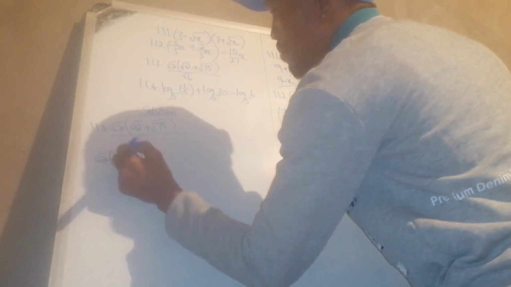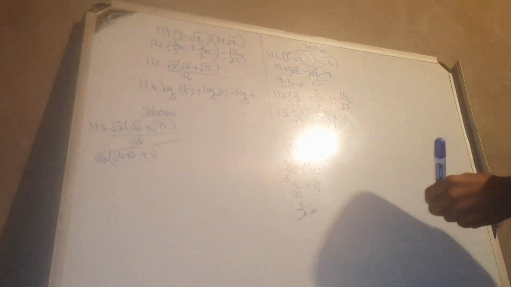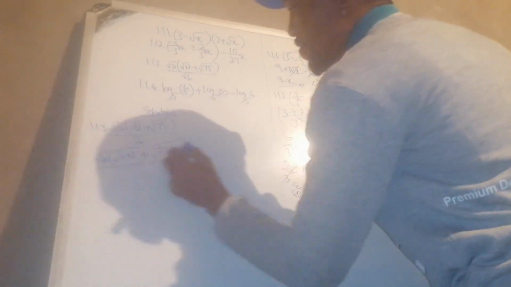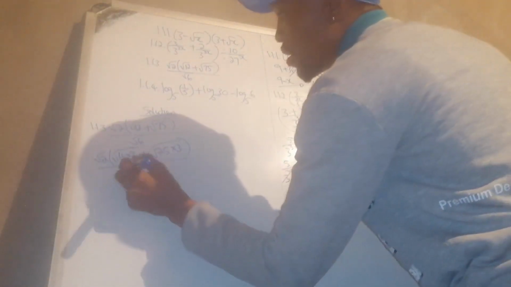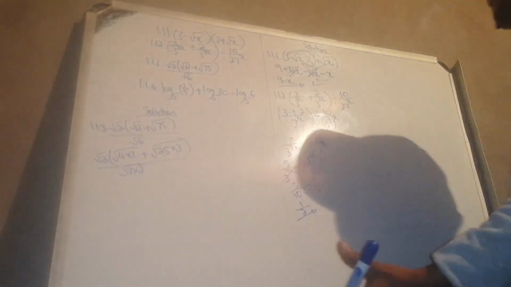That will be 4 times 3, because 4 times 3 is 12. Plus, with this one, I think it will be 25 times 3. Divide, this will be root 3 times 2. Knowing that, changing this into this into that, and this into this, there's a mark for that. There's a mark for that.